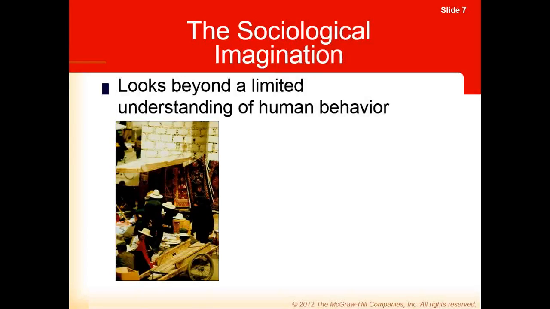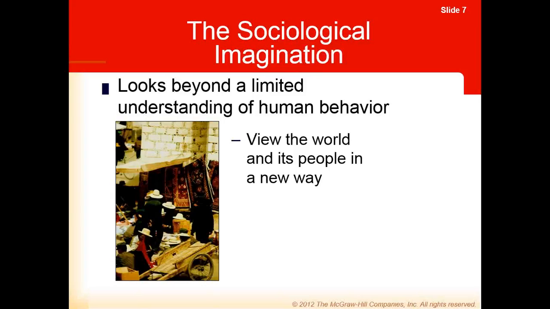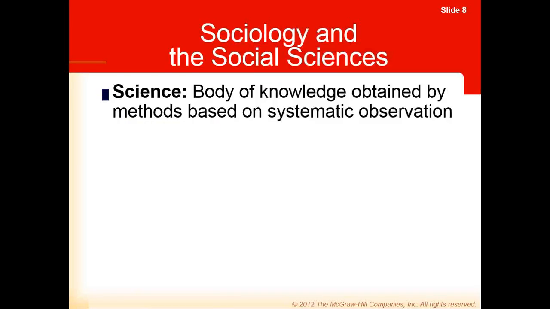So sociology looks beyond the limited understanding of human behavior, what we might call common sense, right? Which, when you actually investigate it, is neither very common nor does it make sense sometimes. But sociology actually researches and looks into stuff. So we view the world and its people in a new way, see it through a broader lens, and we employ the scientific method.